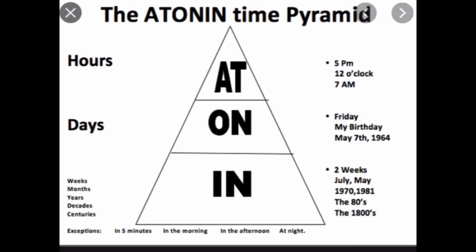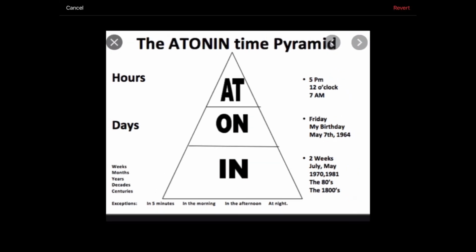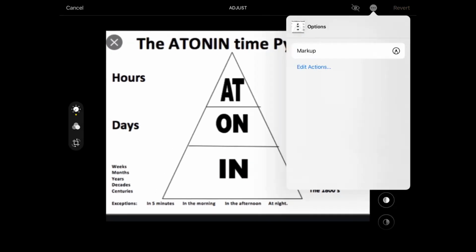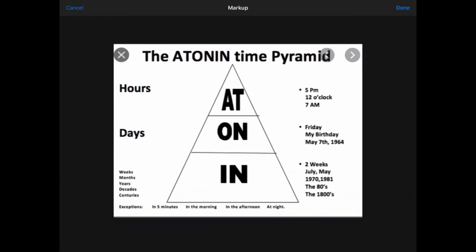Okay, the first topic that we are going to see today is the preposition of time. We have three prepositions of time. Well, there are more, but these are the most common. With this pyramid, they explain how they work. Let me explain this.